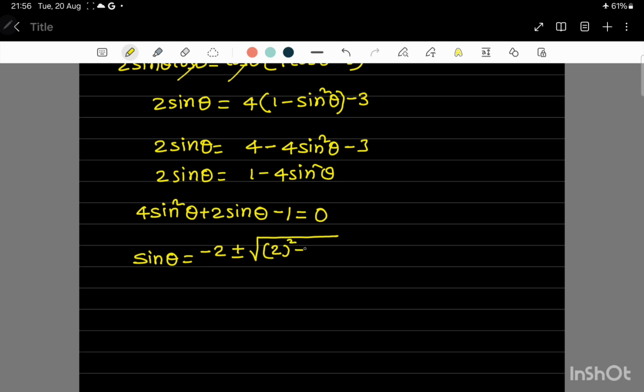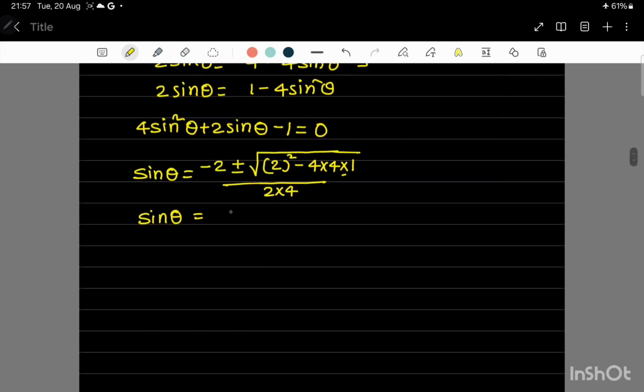So 2 square minus 4 into a is 4 and c is minus 1, divided by 2 into 4. So sin theta is equal to minus 2 plus minus 2 square is 4, minus 4 into 4 is 16 into minus 1, so plus 16, divided by 2 into 4.